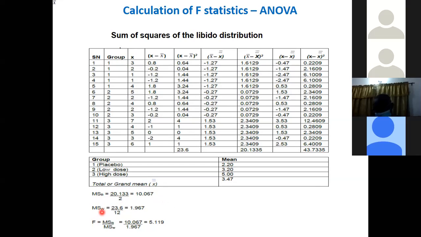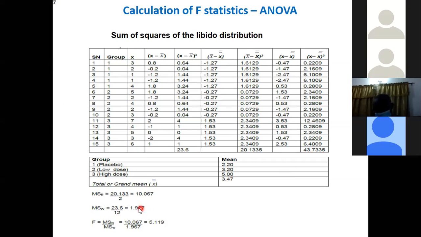Then the mean square within, that is variance within, is the sum of square within over the degree of freedom. The degree of freedom is 12, because the within is calculated for each group, from their mean to each value. So for group 1, the degree of freedom is 5 minus 1, group 2, 5 minus 1, group 3, 5 minus 1: 4 plus 4 plus 4, making 12.